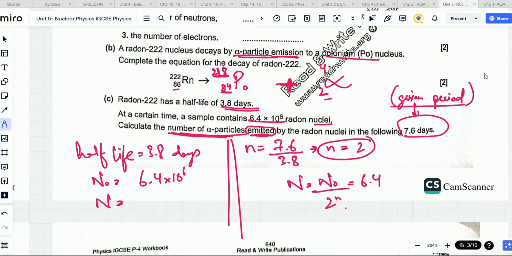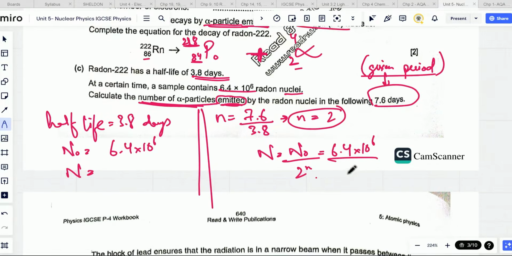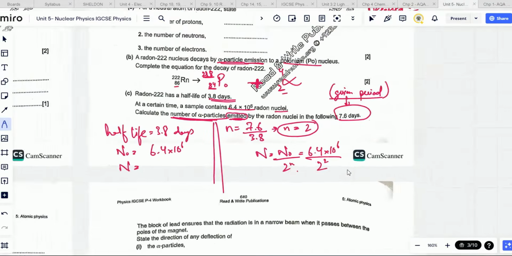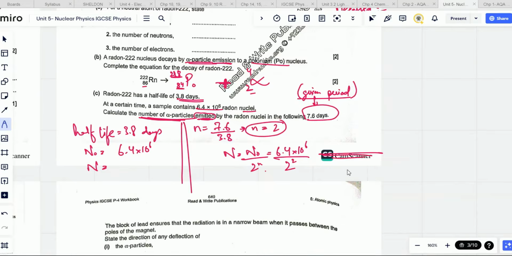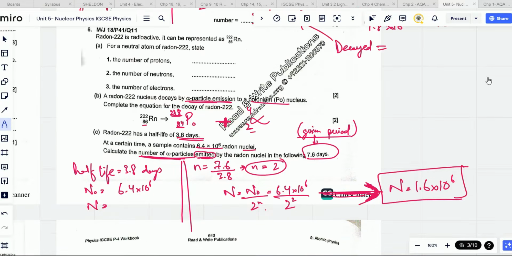What's N naught? 6.4 into 10 to the power 6 over. What's n? n is 2. So 2 to the power 2. Solve this. Let me know how many particles are left. 1.6 multiplied by 10 to the power 6. These are the ones which are left.